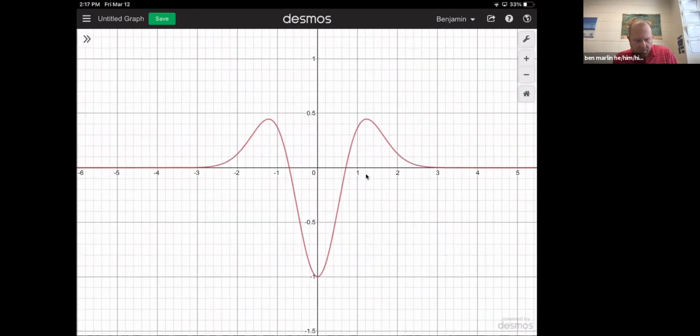But all right, now I've got this here, and I am going to touch the graph, and it immediately put gray dots on a whole bunch of important things. One thing it did was down here, at (0, -1) is a local minimum, and it also happens to be my y-intercept. My x-intercepts here, I get labels like that.